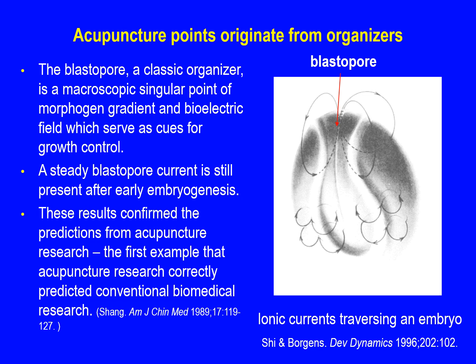And this is actually the classic organizer that Hans Spemann worked on, for which he got the Nobel Prize. It is a macroscopic singular point of morphogen gradient and bioelectric field, which serves as cues for the growth control.